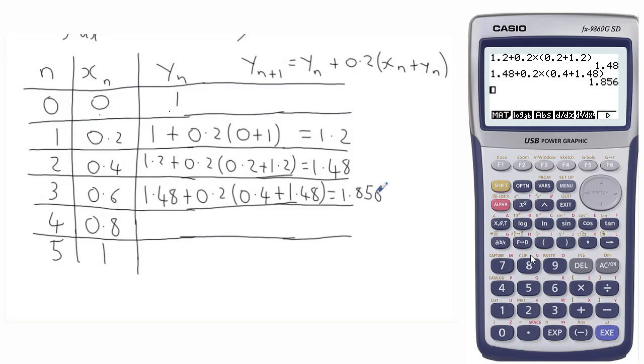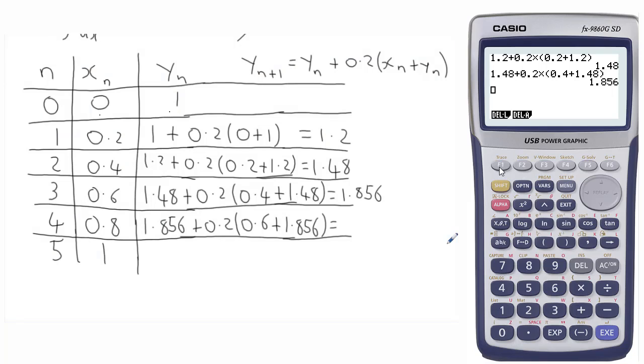Okay, so for y4, that is going to be y3, 1.856, plus h, 0.2, times x3 plus y3, 0.6 plus 1.856. For this, I'm actually just going to use the Ans button. I probably should have done it before.